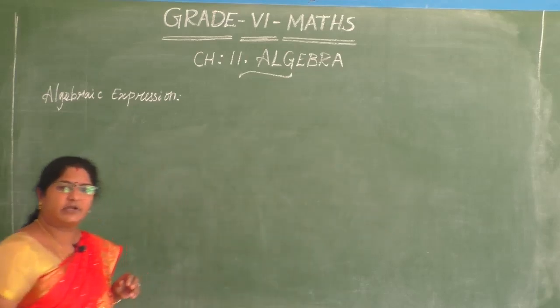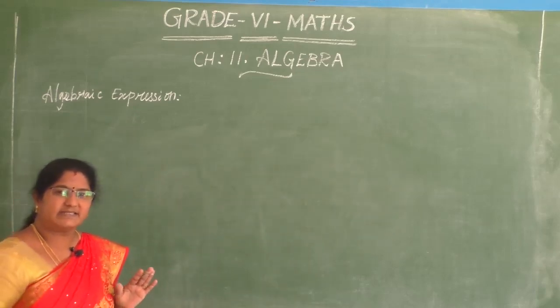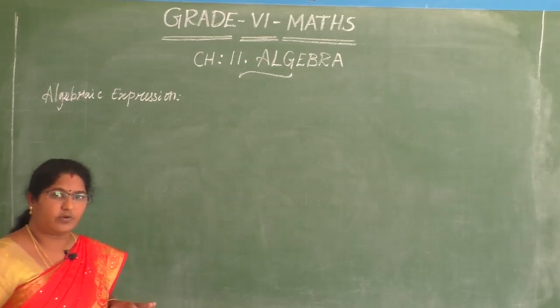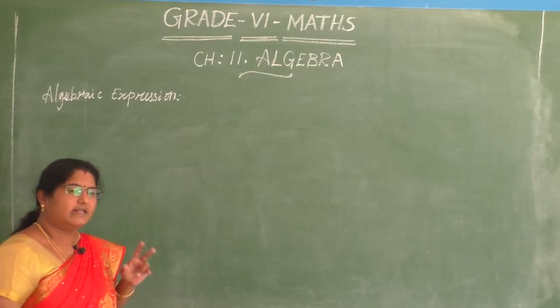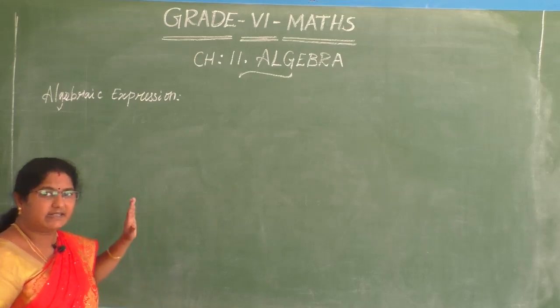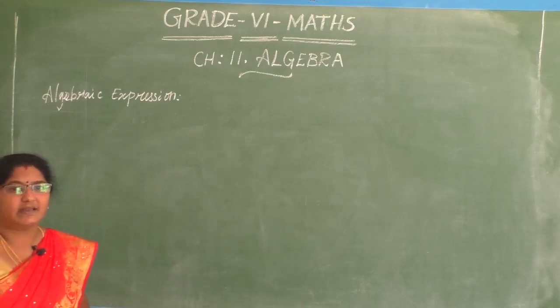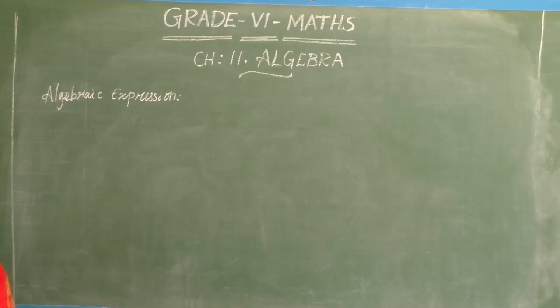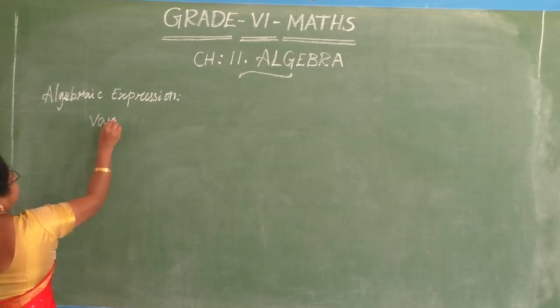Okay. So for example, what is algebra, do you understand? In algebra we are going to study the variables, the alphabetic letters. In this, the first one is algebraic expression. Algebraic expression is nothing but constants and variables, or variables and constants.